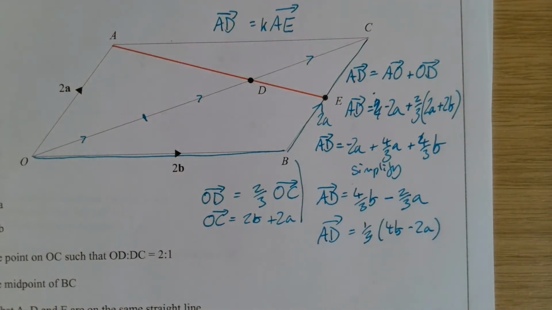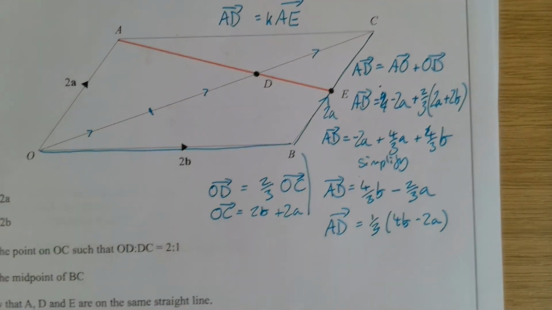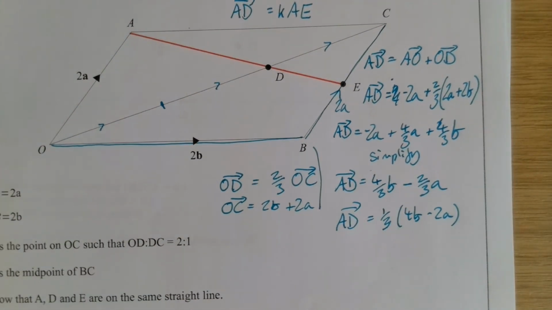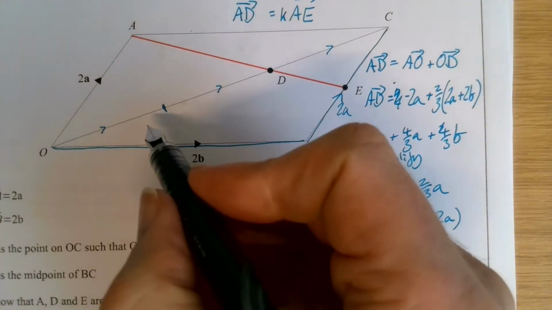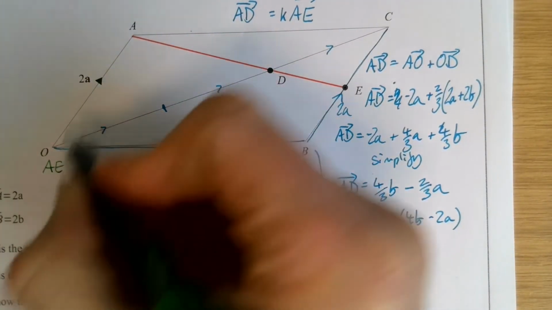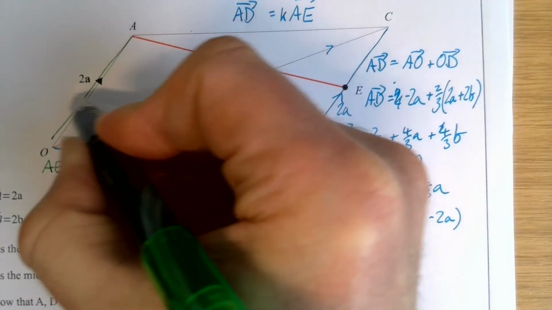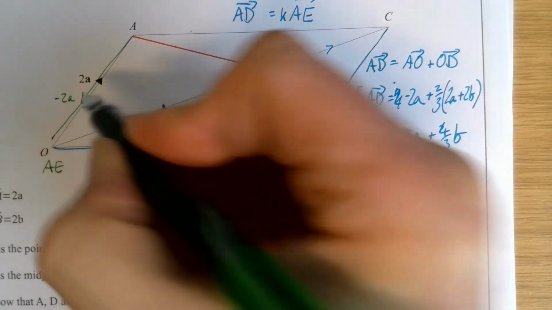Take another colour to make things a little bit less confusing. And let's do AE. Now AE is going to be really quite easy, I think, because if I go over here for AE is that, which is minus 2A, isn't it?